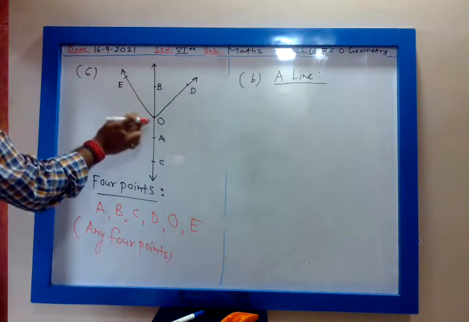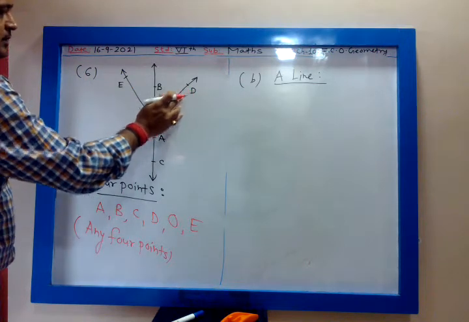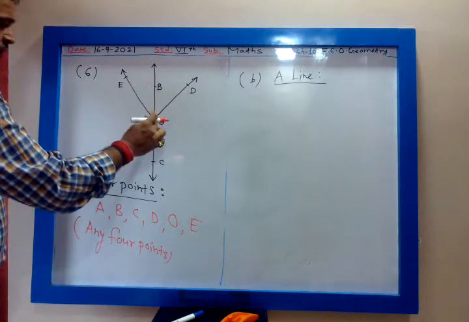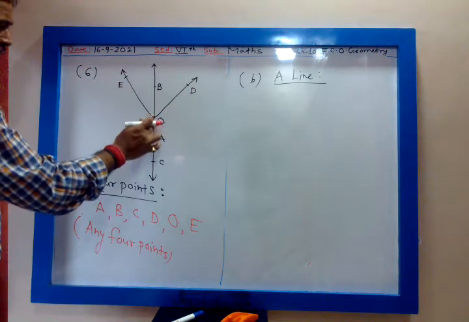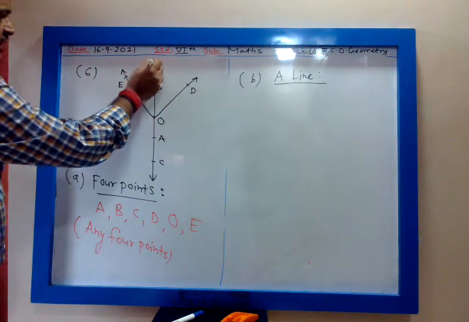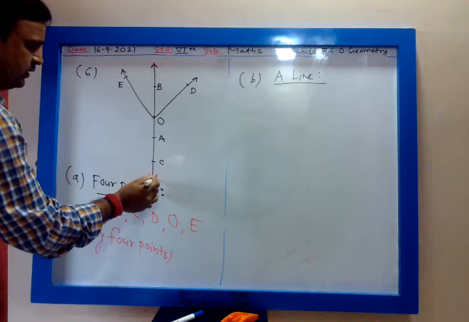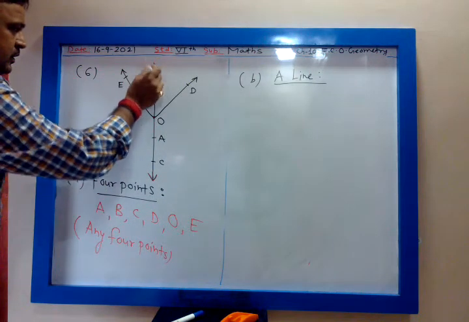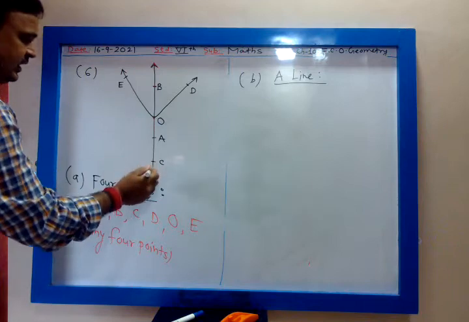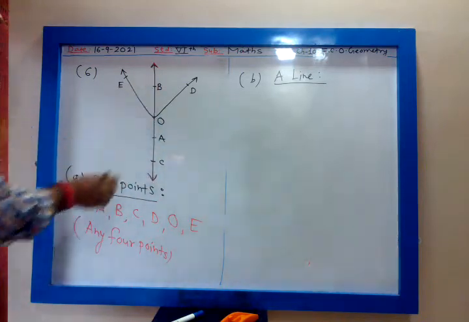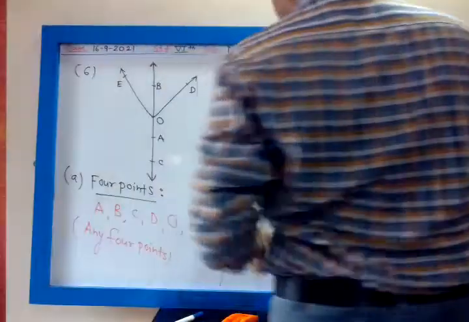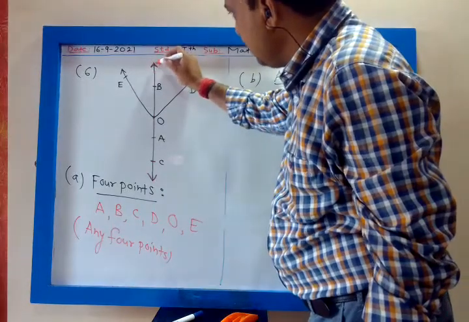OE is a ray. OD is a ray. OB is a ray. OC is a ray. But which is the line? This arrow to this arrow. So what is that? BC. BC is a line. Is it clear? This arrow to this arrow, this is the line.